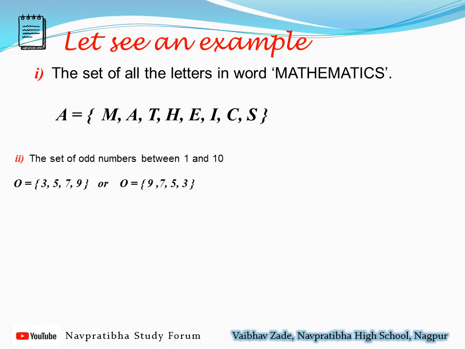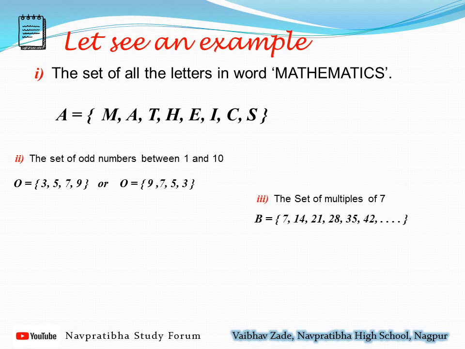We see another example. The set of odd numbers between 1 and 10. So we take a set O equals to 3, 5, 7, 9, or we can write it as O equals to 9, 7, 5, 3. There is no requirement to write in order. We can write in any way, but every element should be there.